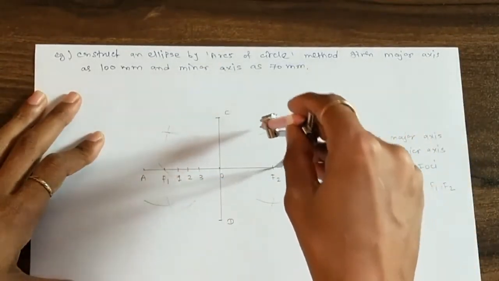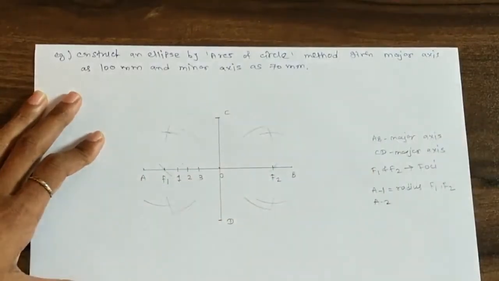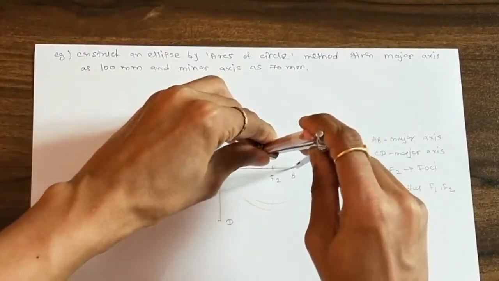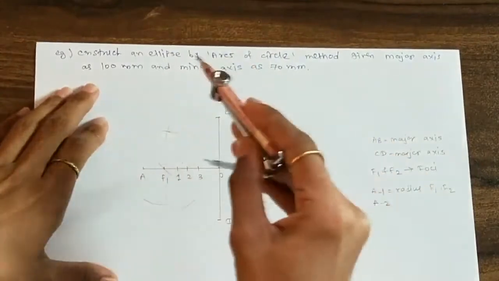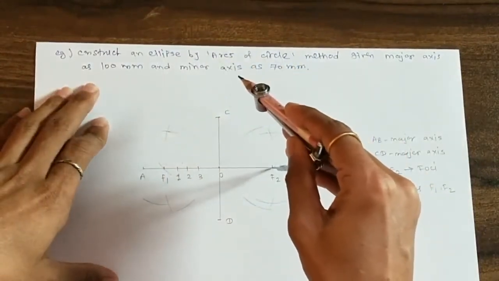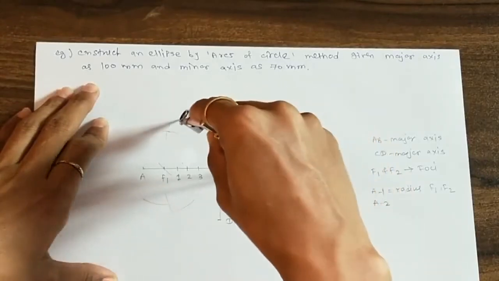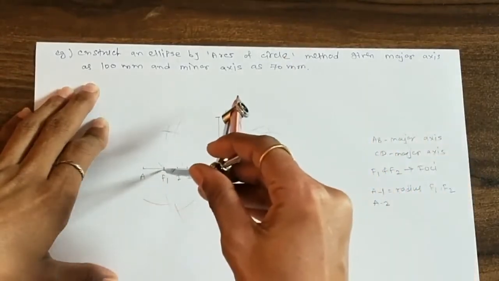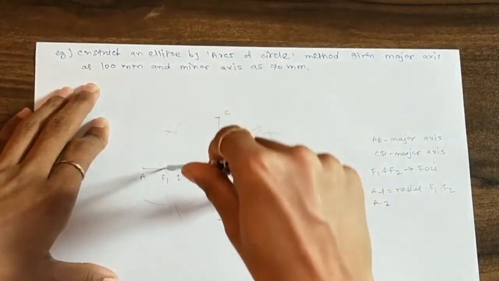From F2 also draw curves. Then take B2 as radius and F1, F2 as centers, and cut these arcs which we have already drawn.